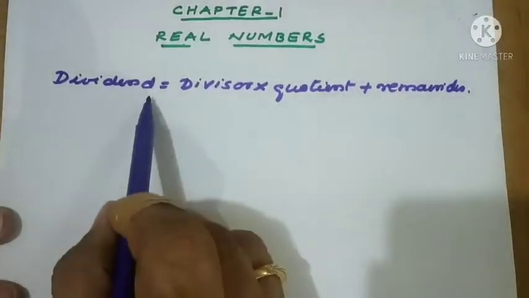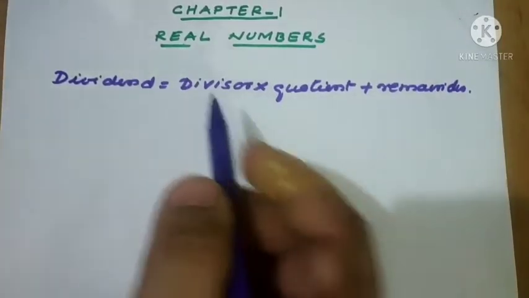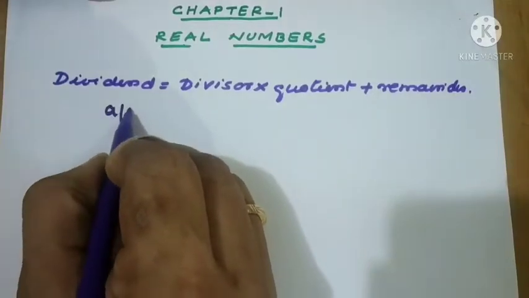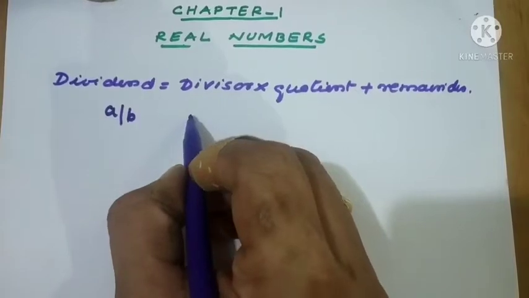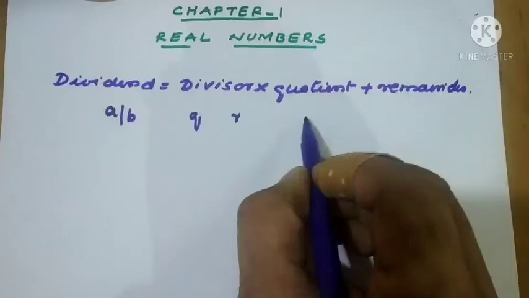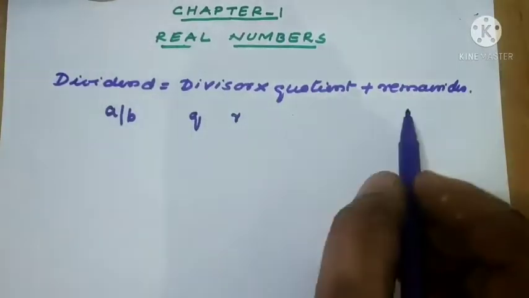What is that? Dividend equals divisor into quotient plus remainder. That means when an integer A is divided by B, there exists an integer Q and a remainder R such that R is less than B only.